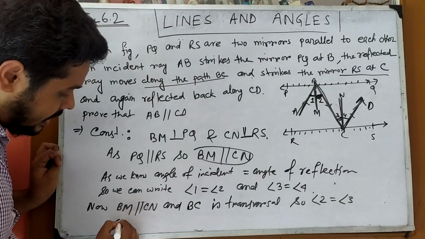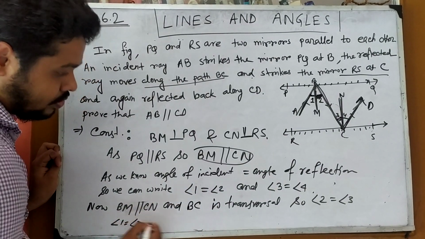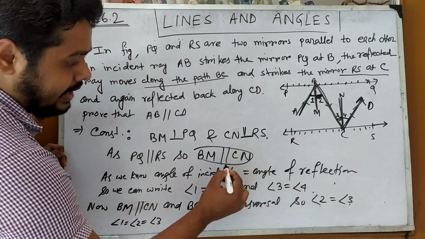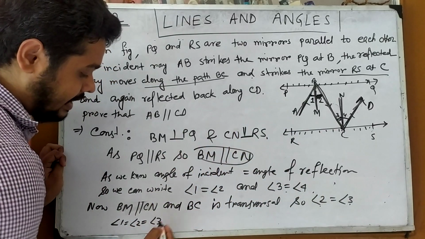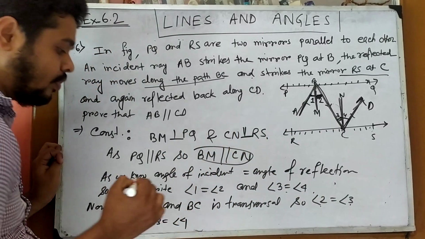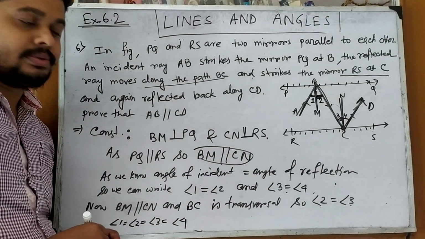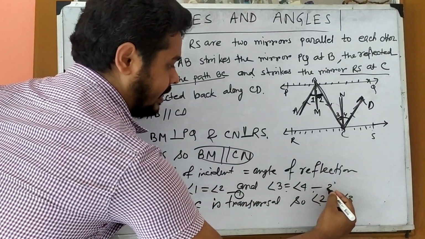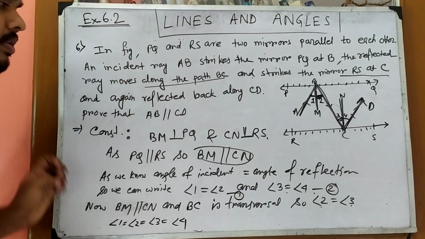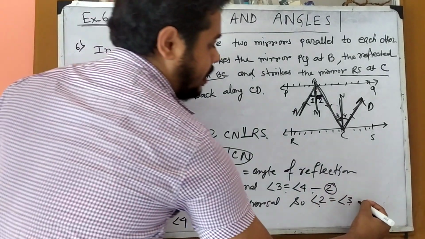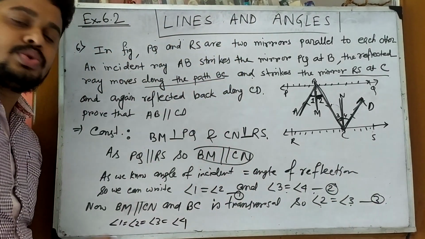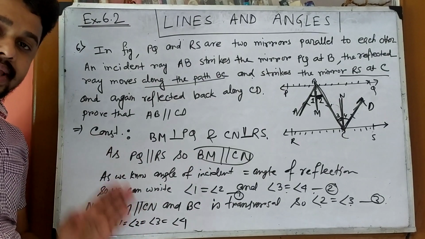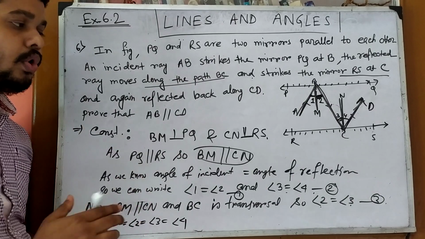Now angle 1 equals angle 2, angle 2 equals angle 3, and angle 3 equals angle 4. So all the 4 angles are equal. Hence you can mark these 2 angles also, and using equations 1, 2, 3, we can write angle 1 equals angle 2 equals angle 3 equals angle 4.